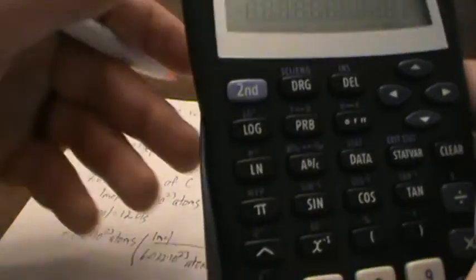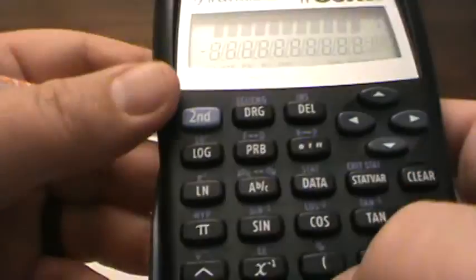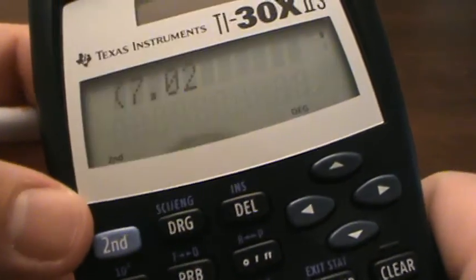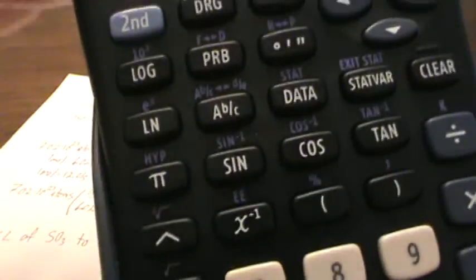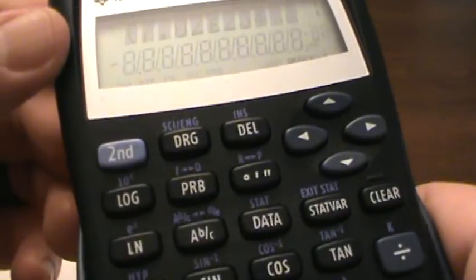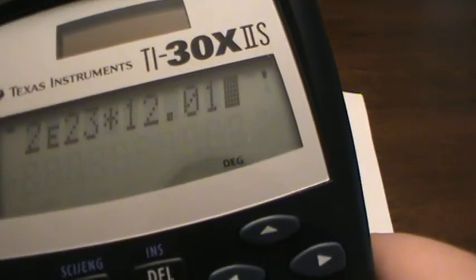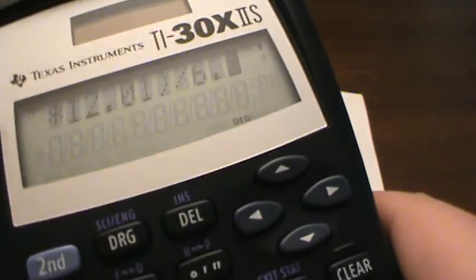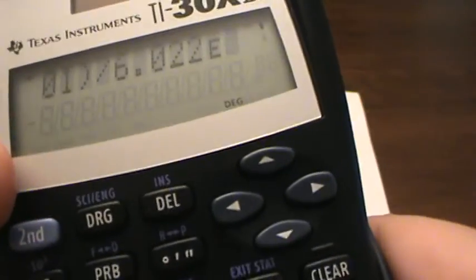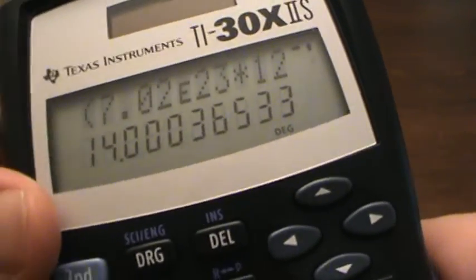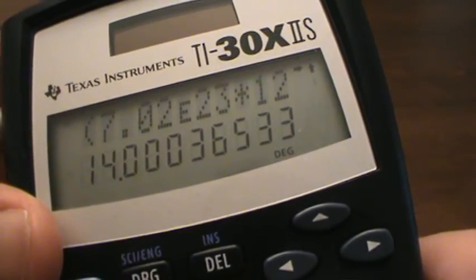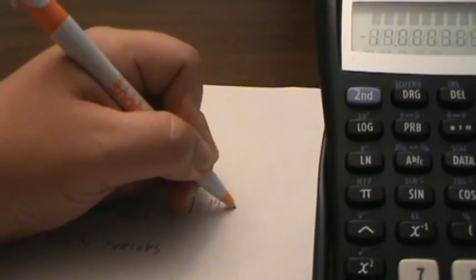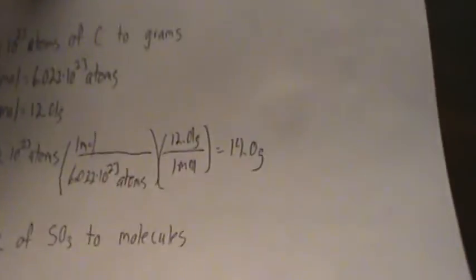Okay, so once again, putting this into our calculator, 7.02, and then second function EE23. I'm going to take that times the 12.01 mass of carbon, divide by Avogadro's number, 6.022 second function EE23. Our answer, 14.00036. So we need to have three significant figures, 14.0 grams.